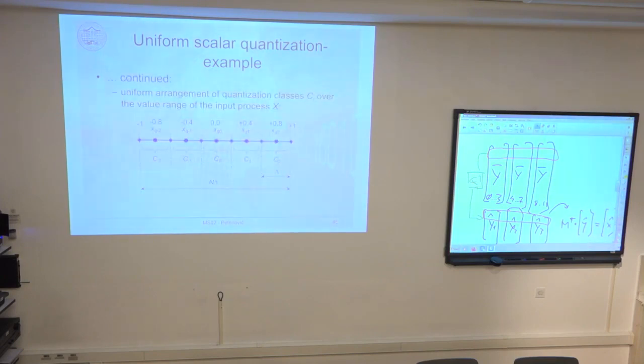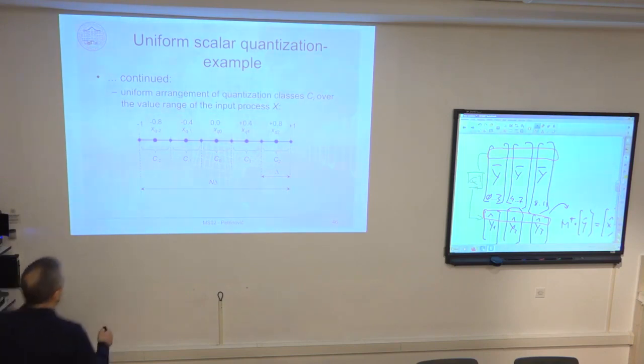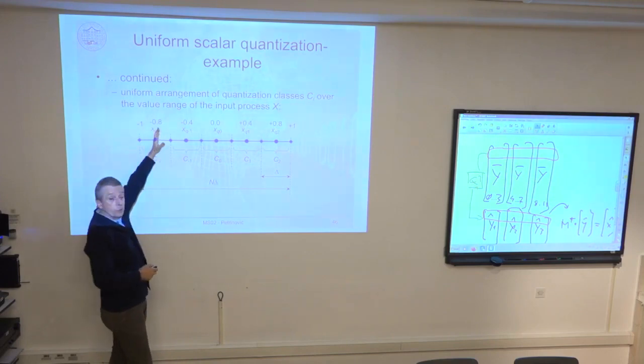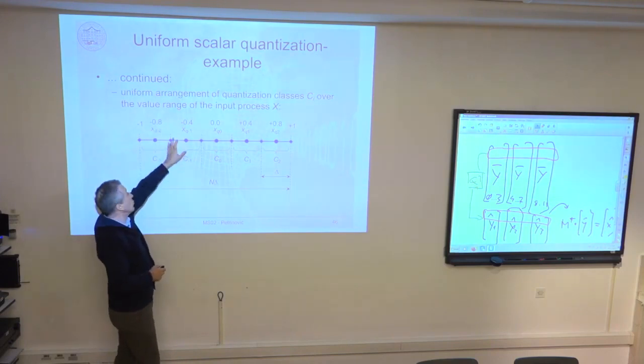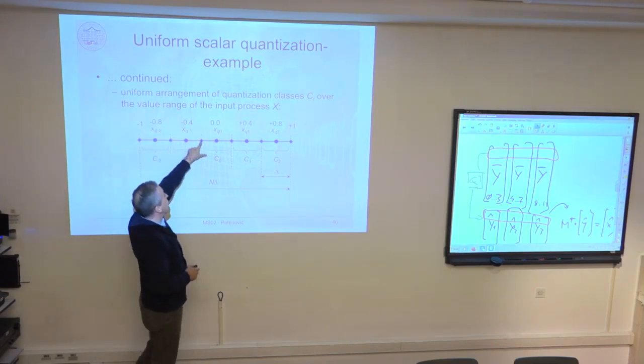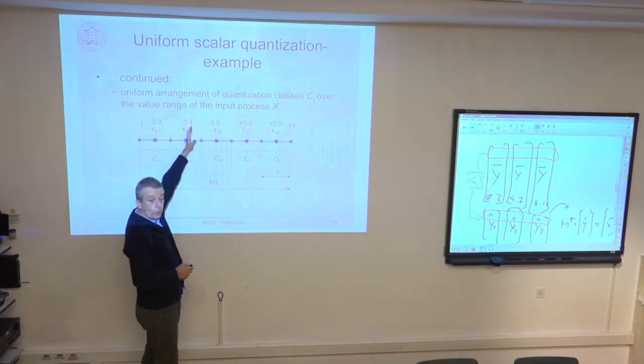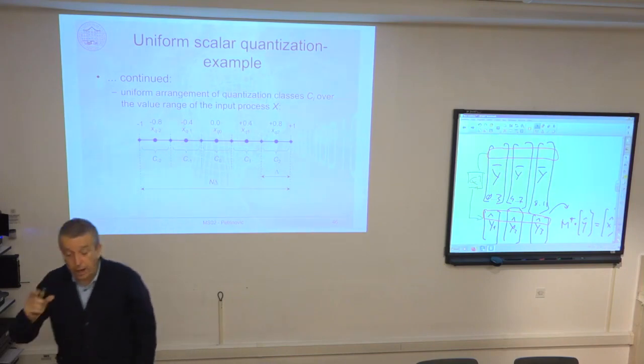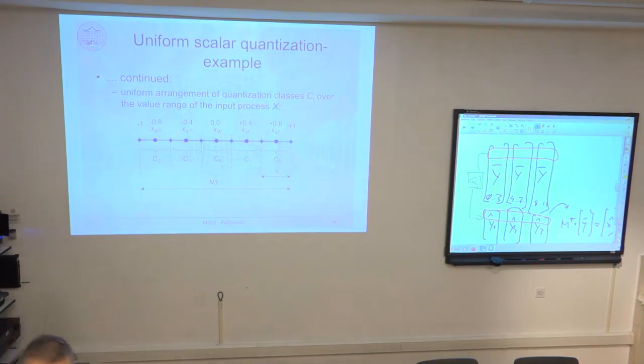It may be better to show it this way. So this is minus 1, plus 1. I have only 5 quantization levels. So the whole range from minus 1 to minus 0.6 is represented as minus 0.8. Then from minus 0.6 to minus 0.2 as minus 0.4. I have equal widths of all the 5 intervals.